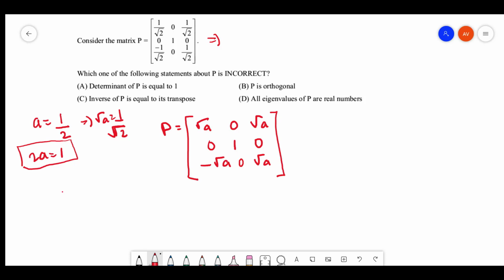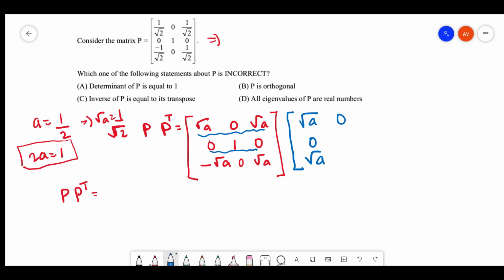Let's do P into P transpose. I'm going to write the P transpose matrix here. You take the first row as the first column, then 0 1 0, then the last column.